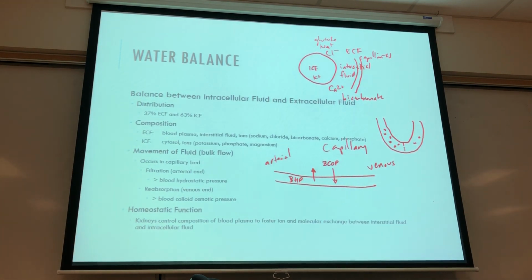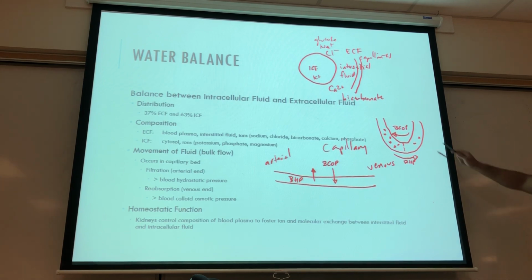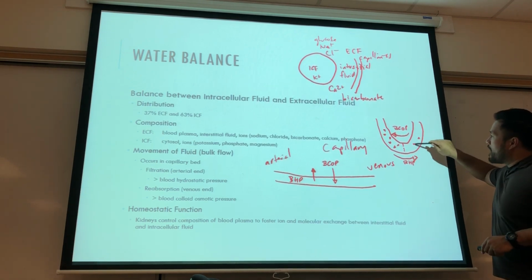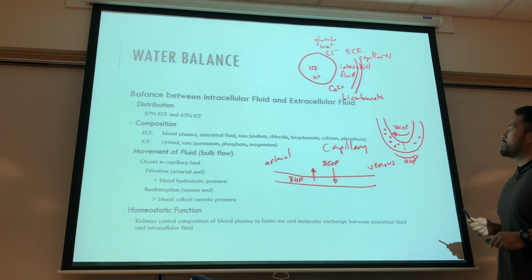So we know that the hydrostatic pressure is over to the right. Osmotic pressure, this would be our BCOP, this would be our BHP. The osmotic pressure is the pressure of water movement from the hypotonic side over to the hypertonic side.